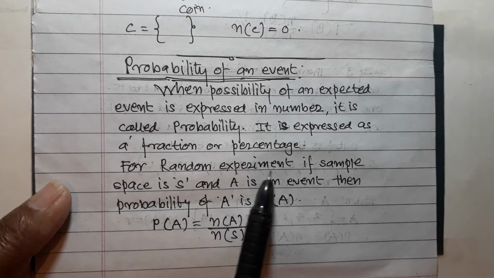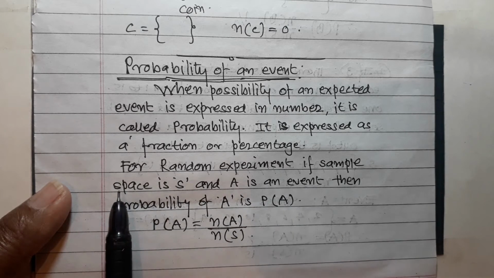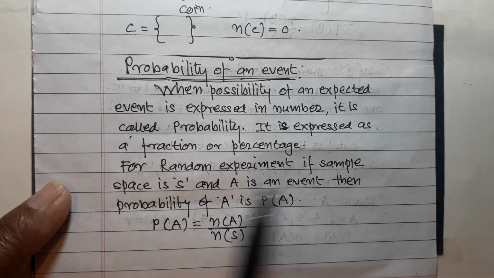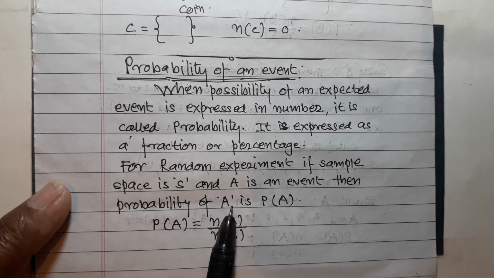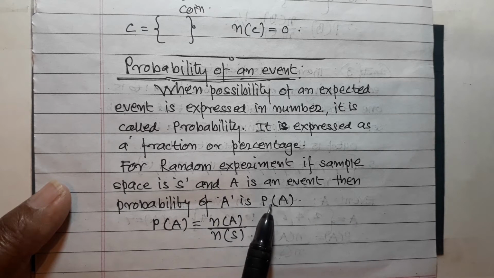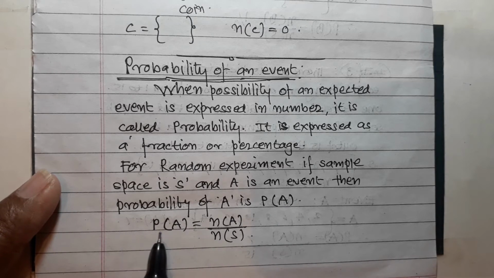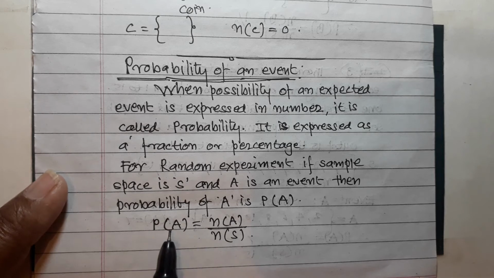For a random experiment, if S is the sample space and A is an event, then the probability of A is P(A). So P(A) means the probability of event A, and probability is given by this formula: P(A) is equal to n(A) upon n(S).